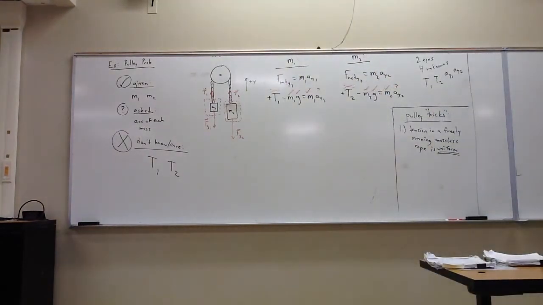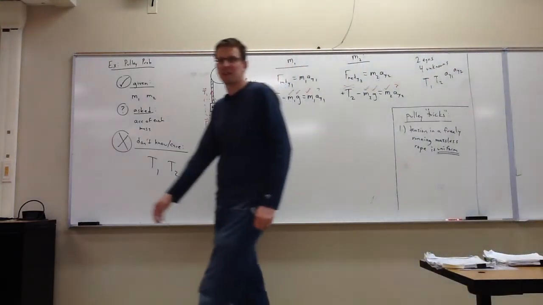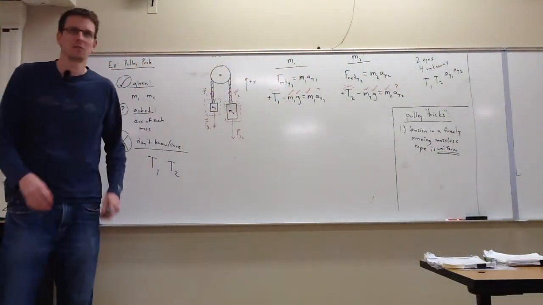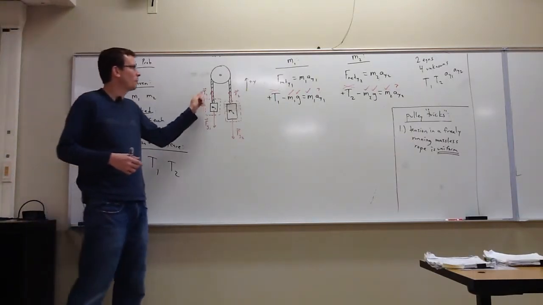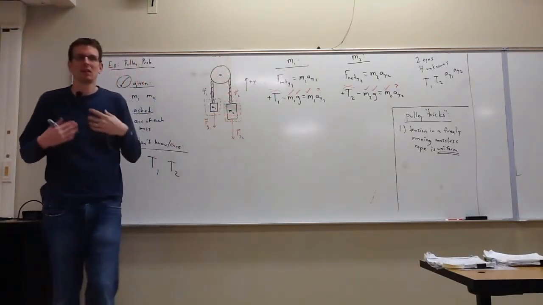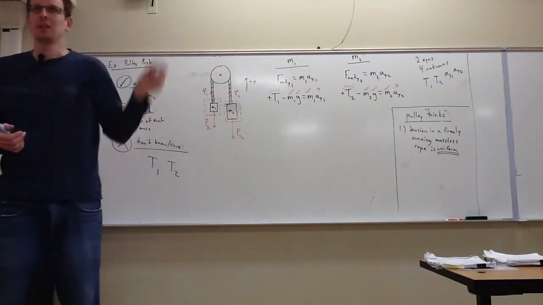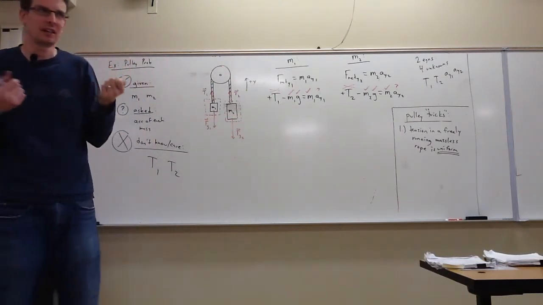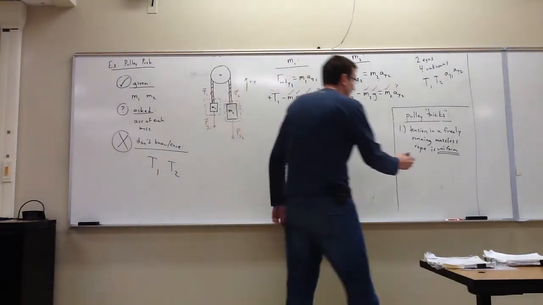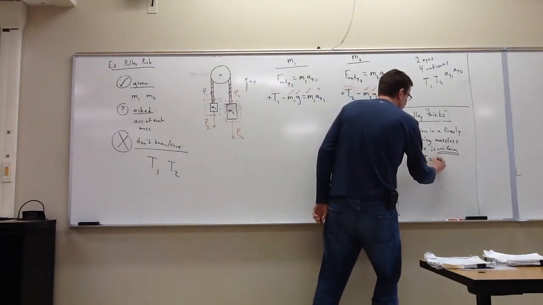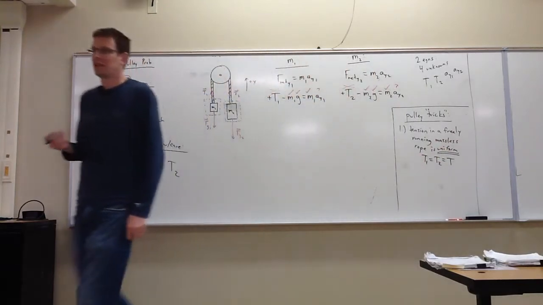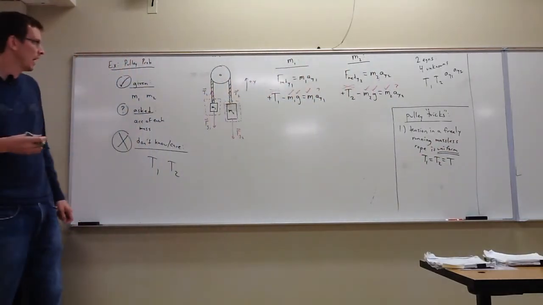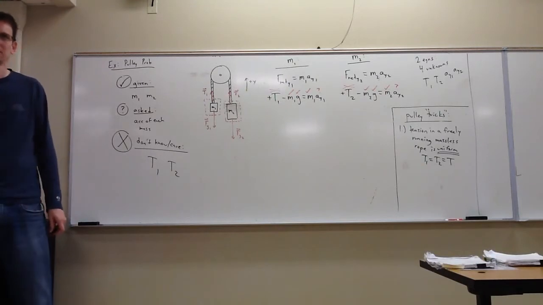Now, how does that help me in my problem? Well, it helps me because this is a freely running massless rope. And the fact that the rope happens to run up and over this pulley, the only thing that the pulley does is redirect it, but the tightness in the rope is the tightness. So it helps me by realizing that the T1 and T2 are one and the same T. There is one tension in this rope, and that tension actually acts on both masses.